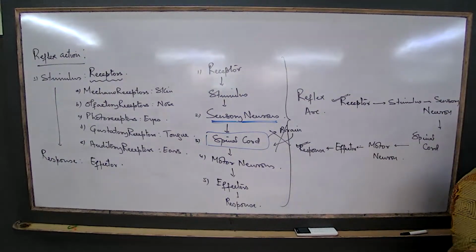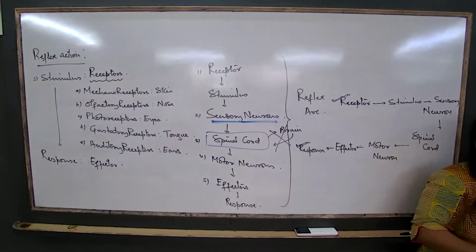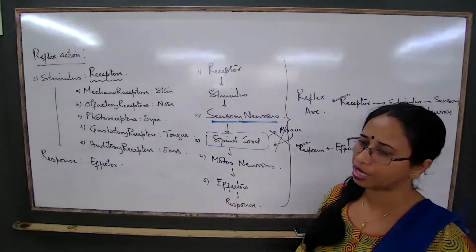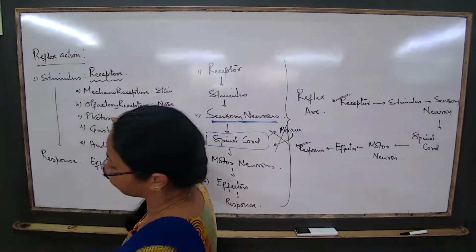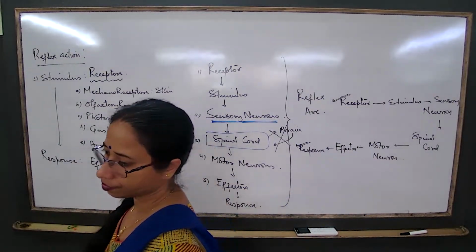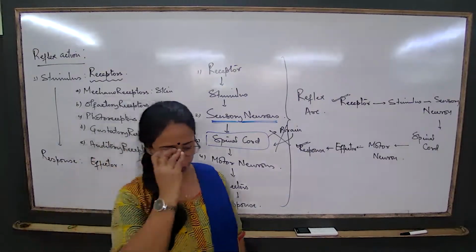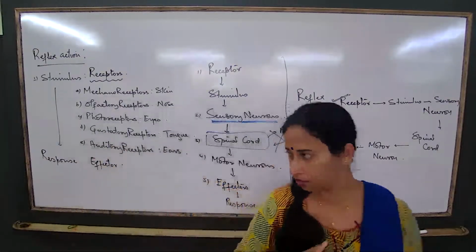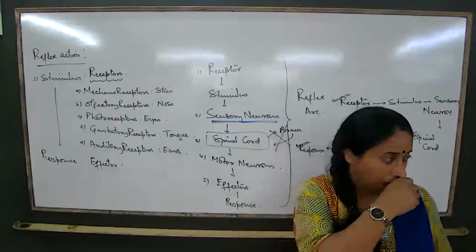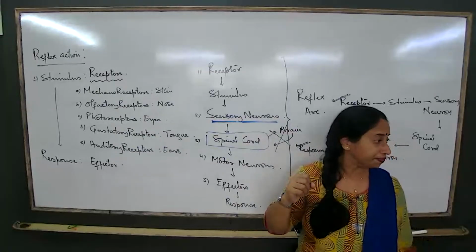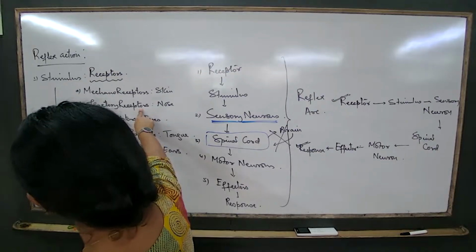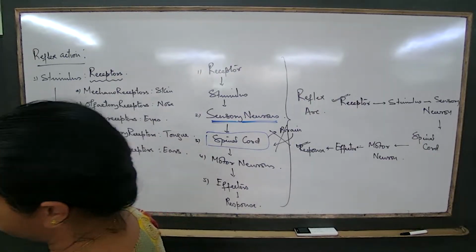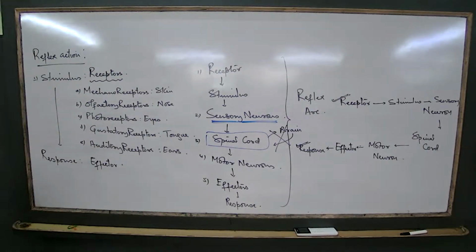Regions of the body that can receive stimulus are known as receptors. Write any two examples from here. Any two: mechanoreceptors, olfactory receptors, photoreceptors. Then we go to effectors.